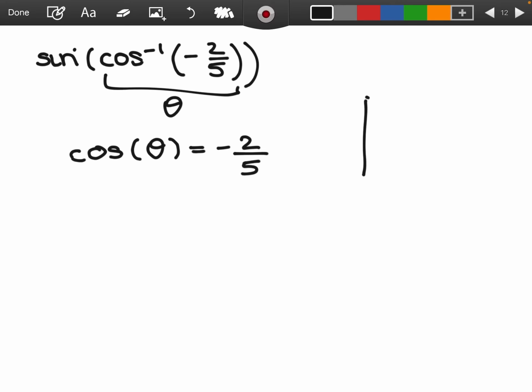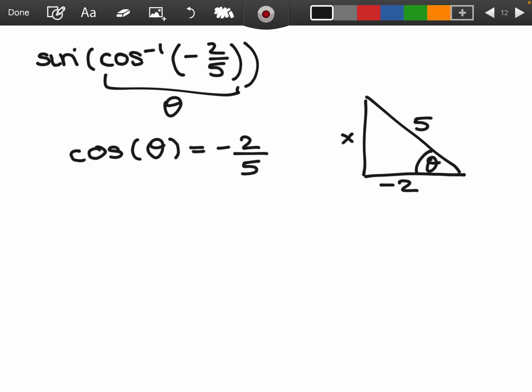This time, when I draw this out, again, the negative is just going to deal with a directional thing here. You don't have to worry about that because when you square it, it's going to become positive anyway. Let's say I set this equal to theta, then cosine of an angle is always adjacent divided by hypotenuse. So my adjacent is -2, my hypotenuse is 5. Always set your hypotenuse to be positive.